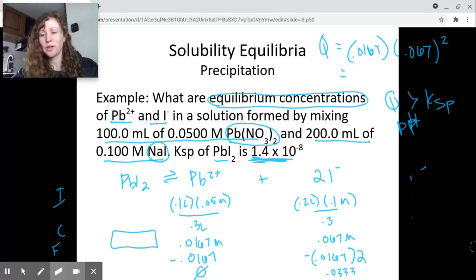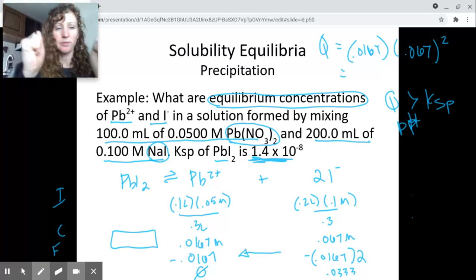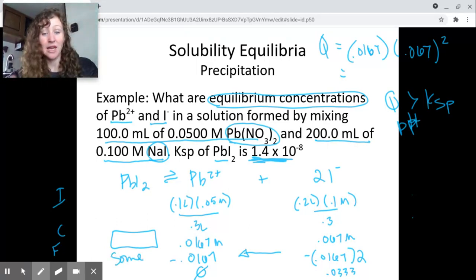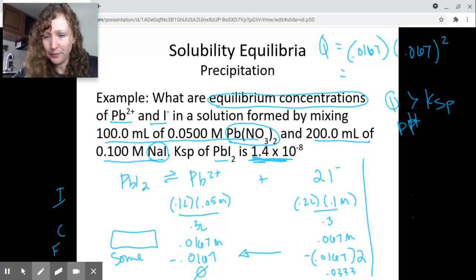Okay, so we're going to swing this forward. We know we just went this direction where we formed ions together to form solid. So we have some lead iodide that we can now dissolve, right? So at this point in time, I'm going to have the same equation. I'm just rewriting it because I ran out of space. I have no lead ions.